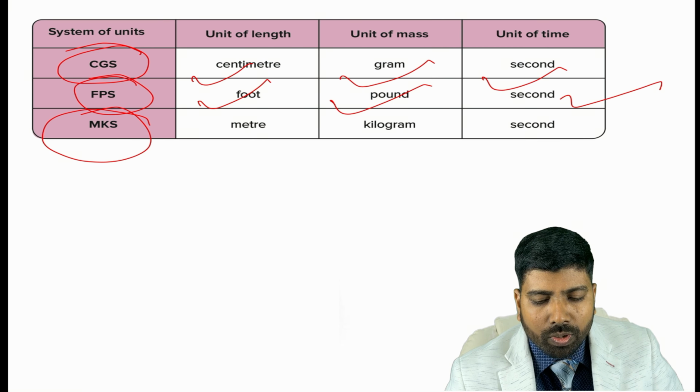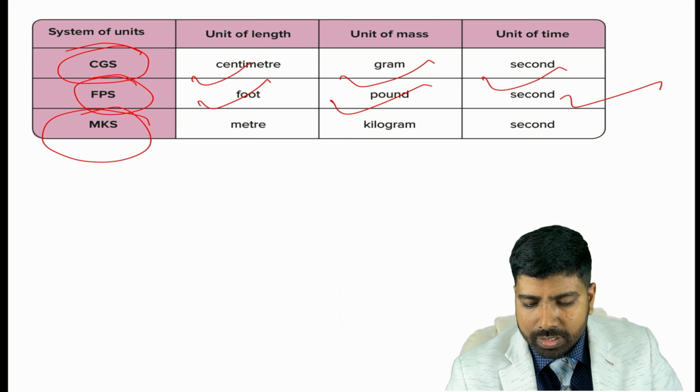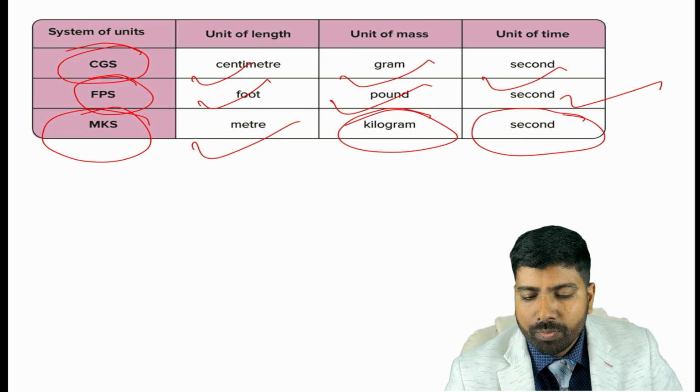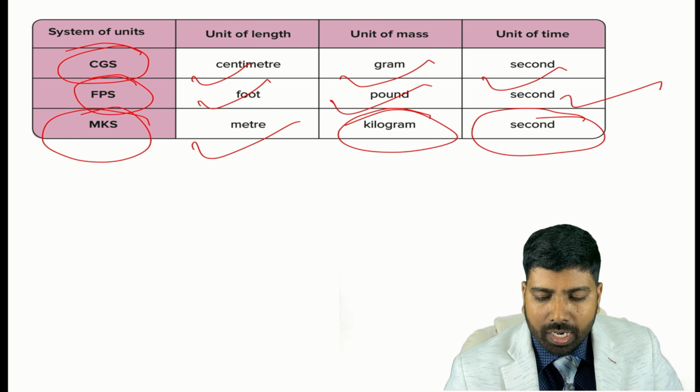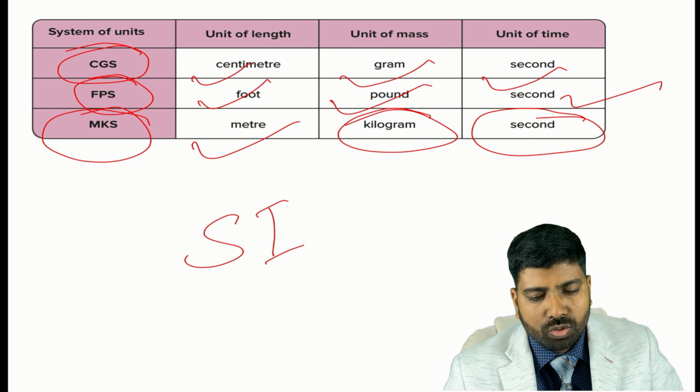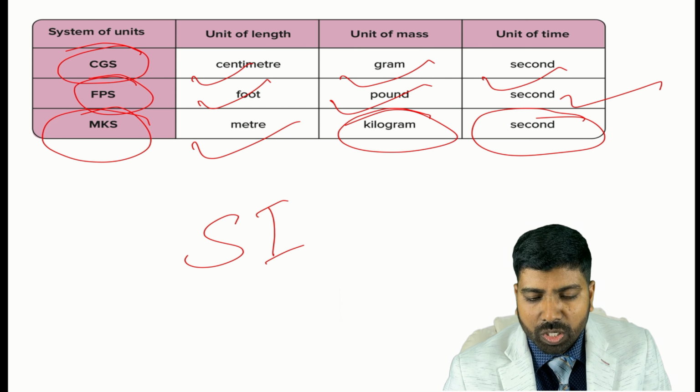Similarly, we have MKS, where length is measured in meter, mass in kilogram, and time in seconds. Now the latest one we have is the SI unit, Standard International Unit. We'll be learning the detail about it now.